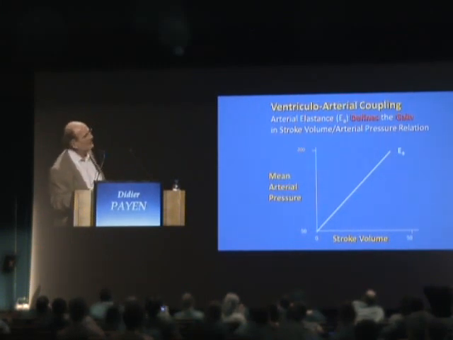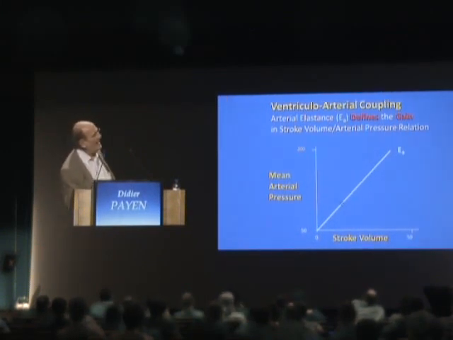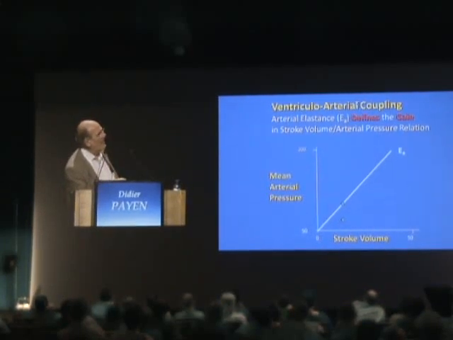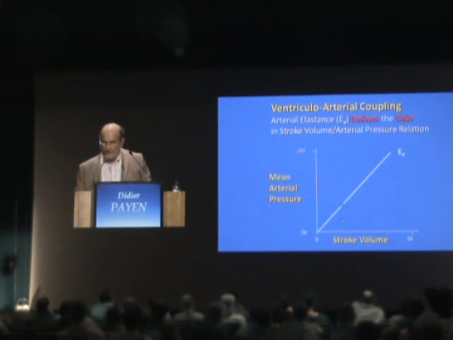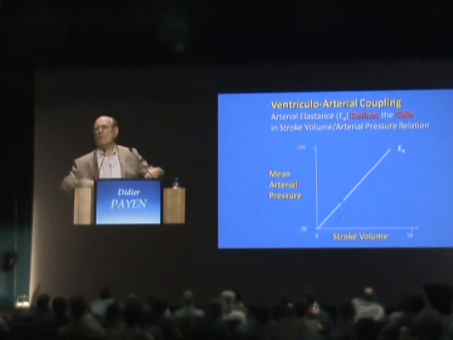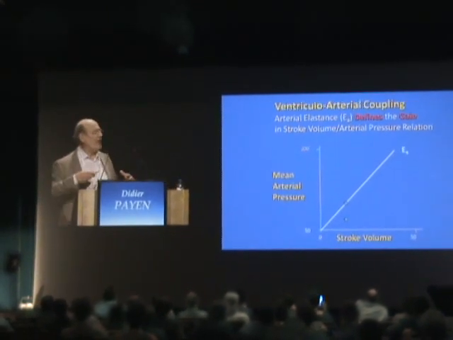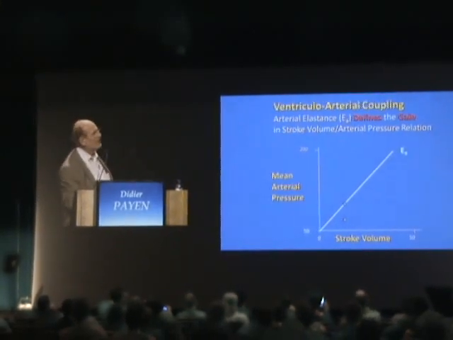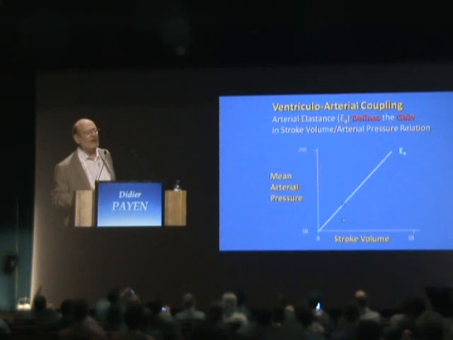Here that means that if you have this elastance, which is the relation between the stroke volume and the mean arterial pressure, you see here, you reduce the elastance from this level to this level. It means decrease elastance, increase compliance, more elastic, less energy to generate the same ejection. And that's very good. You eject well, but you pay less.